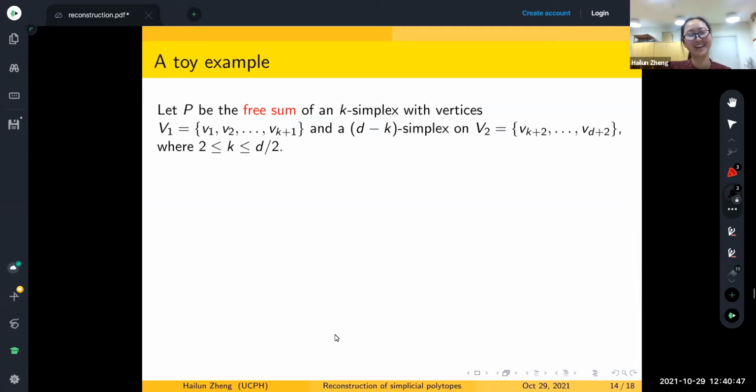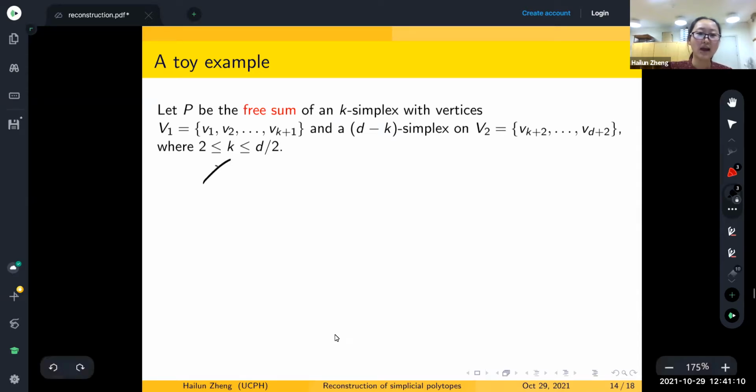In the following time, maybe in the following 10 minutes, I'm just going to explain how we prove the first result. Okay, so our motivation is really simple. Let me call it a toy example. The simplest polytope you could think of is the simplex. Well, what if you have one more vertex, say you have altogether d plus 2 vertices for this d-polytope? So usually we will consider the free sum of two simplices. How do we define it?